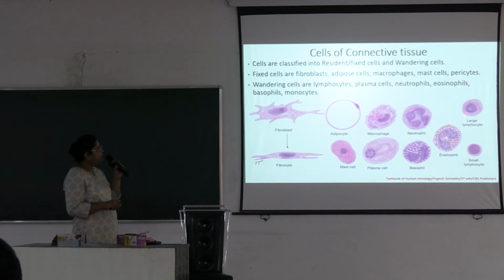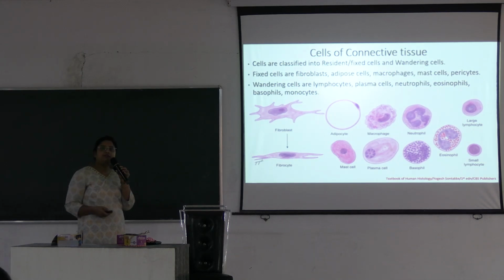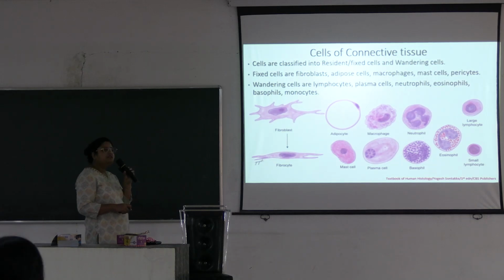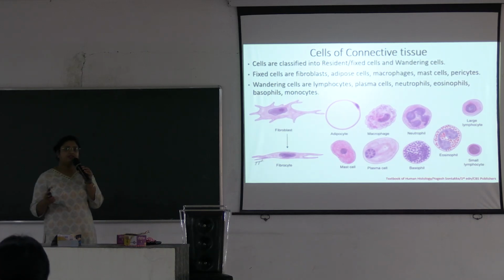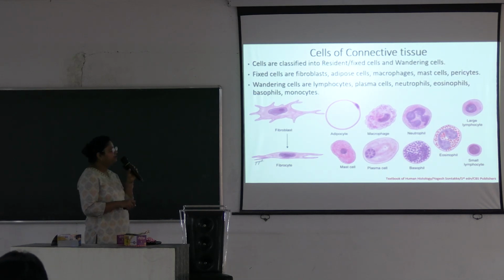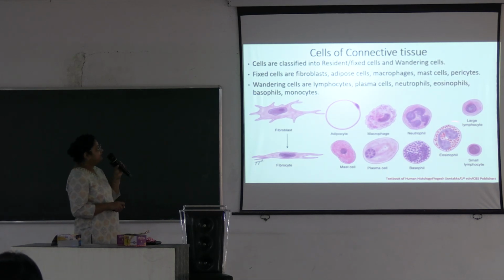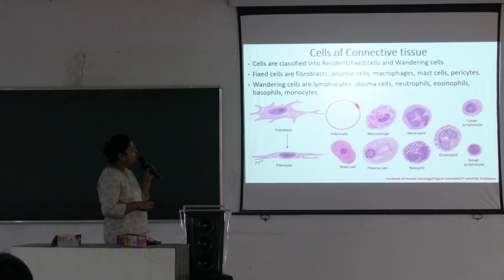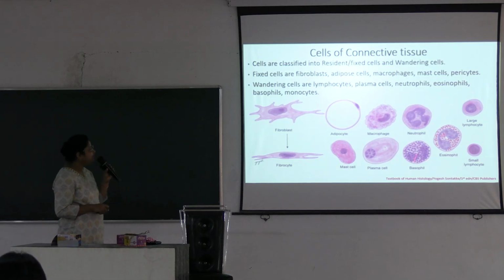This is a large lymphocyte, rounded to oval nucleus, and some amount of cytoplasm is present. And this is a small lymphocyte, the nucleus, and a very small amount of cytoplasm is present. This is an eosinophil, bilobed nucleus, and the main feature is eosinophilic granules present in the cytoplasm. This is a basophil, here also a lobulated nucleus, and basophilic granules are present.